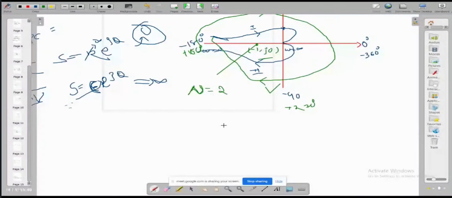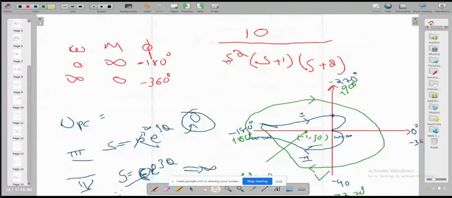Now you can see if n equals to 2 and you know that n equals to z minus p. This is number of poles at right hand side of the S plane. Number of poles हमें transfer function to find out करी परिबो. S square means number of poles at origin is 2. And here number of pole will be, you can find out the number of poles.